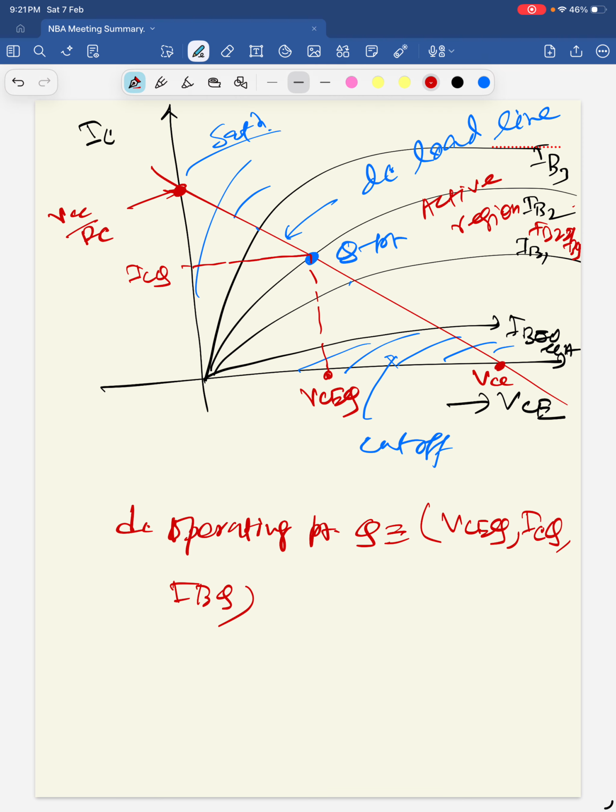So when we use some base current, suppose this is base current, then what will happen? When this base current increases, Q point will shift to this position. When this goes to 0, it will again come back to this position. Again it goes negative, it will come to this position.